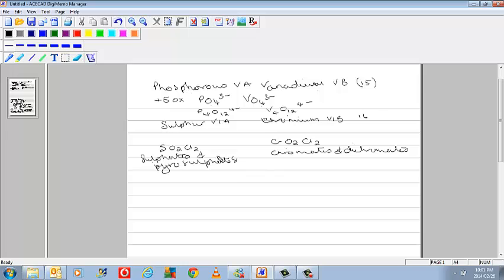So they will have the same oxidation state of the central atom, the same number of oxygens, the same structure, but the properties are different because chromates and dichromates are strongly oxidizing, and the sulfates and pyrosulfates are non-oxidizing. Another difference, of course, is the sulfates and pyrosulfates will be colorless, and the chromates and dichromates are highly colored.